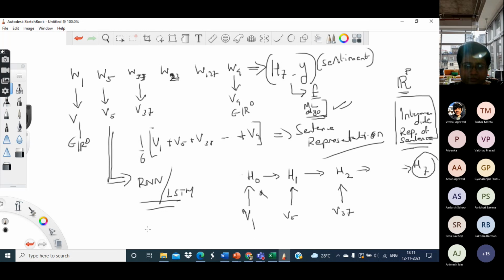That is, your sentence will now become a sequence of these d-dimensional embedding vectors. That sequence of vectors you will feed to your RNN or LSTM algorithm, and it will give the sentiment as the output. So this is how sentiment analysis works, and you can use it in the context of economics.